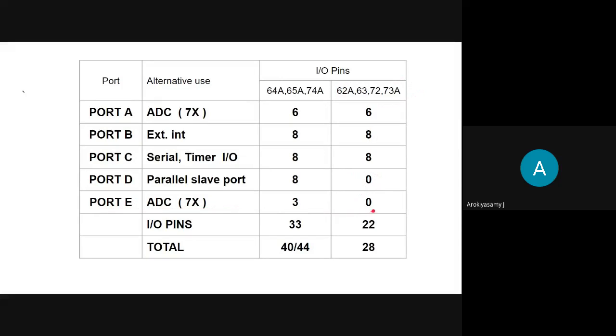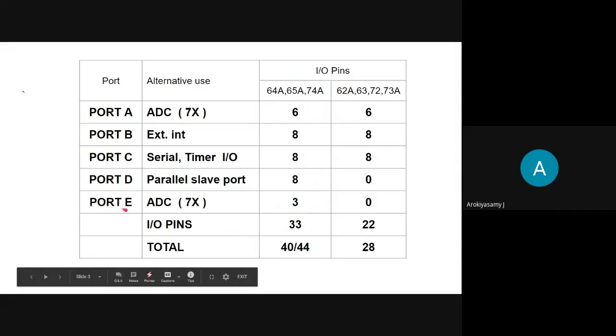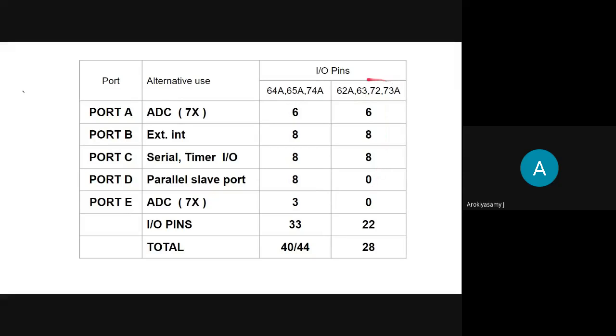Port E, only 3 pins are available here in these chips, but no IO pins are available in the others. There is no port E and port D in this group of devices. So summing all these numbers, you will get a total.